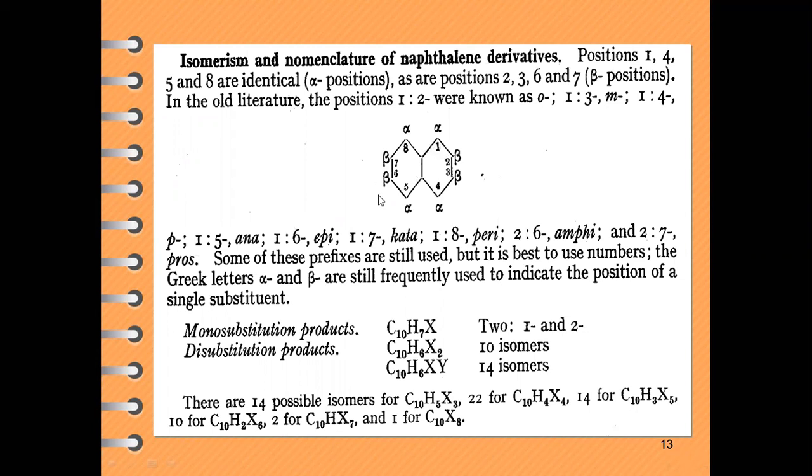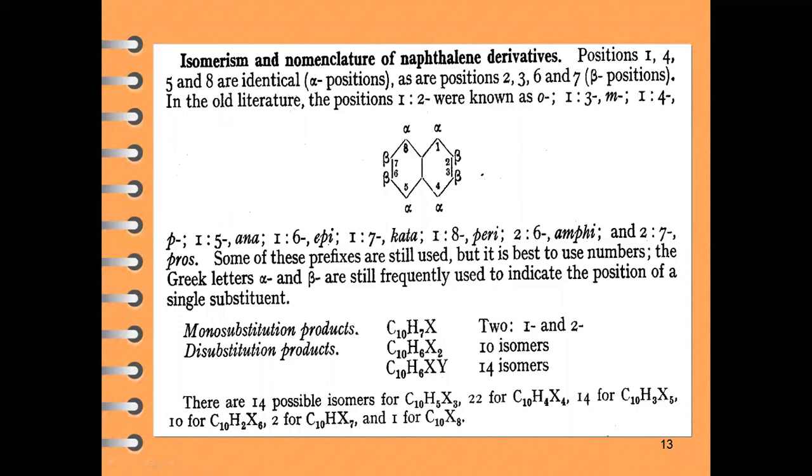Then position 5 is known as ana, 6 is referred to as epi, 7 as cata, and 8 as peri. Then positions 2 and 6 are amphi, and positions 2 and 7 are pros. This is with respect to the older nomenclature system.